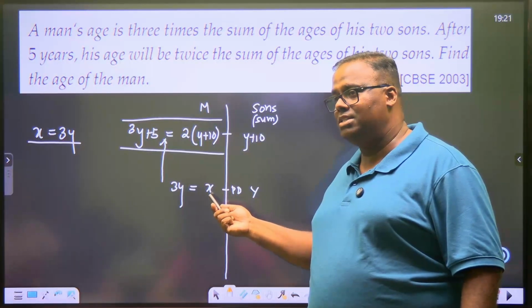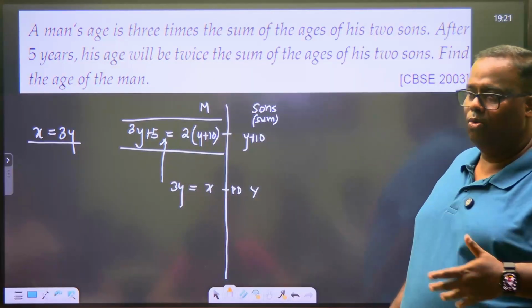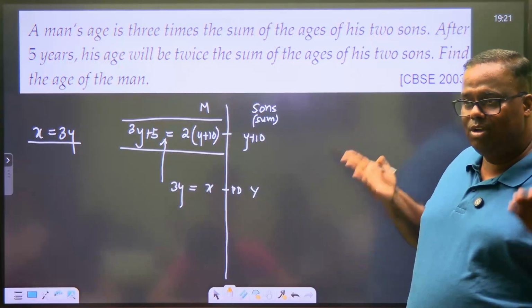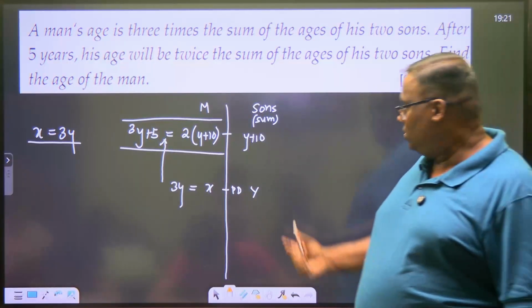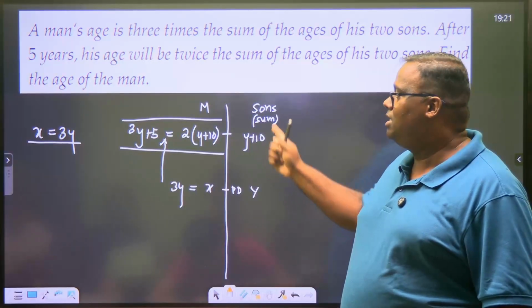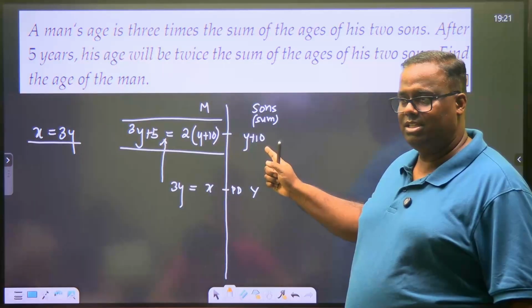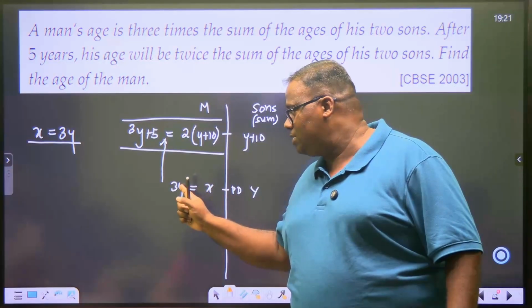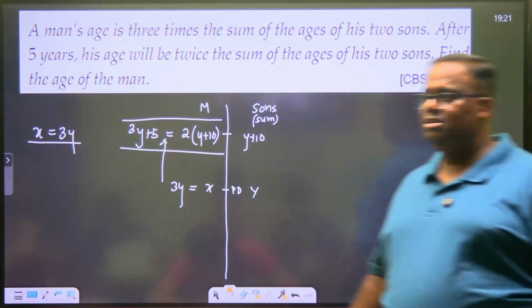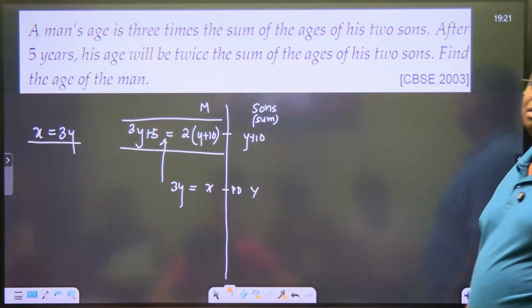Present age of the man is x and x is equal to 3y. 5 years from now, one son will be elder by 5 years, another son will be elder by 5 years. So for their combined age, you will add 10 years. The man is now 2 times that, right? But the man should also be his present age plus 5. ये भी तो सही है ना? अब आप इक्वेट कीजिए.